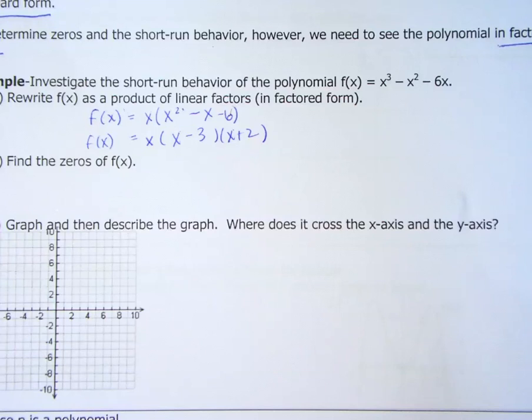Okay. All right, so now let's answer these two questions. We really already know the answer to the first. The graph crosses the x-axis at -2, 0, and 3. Those were our zeros.